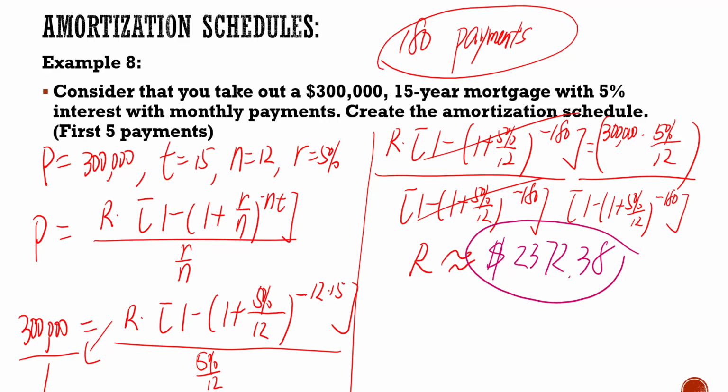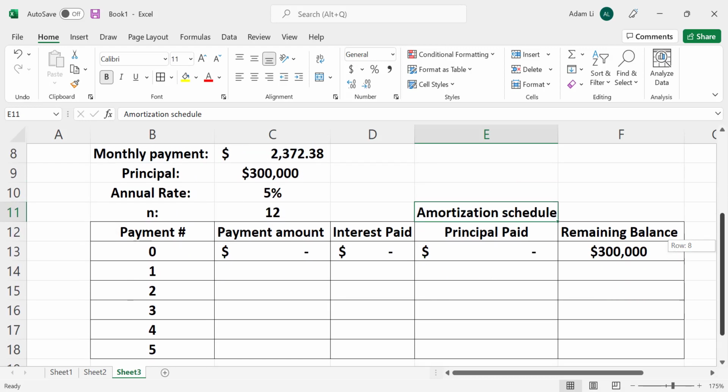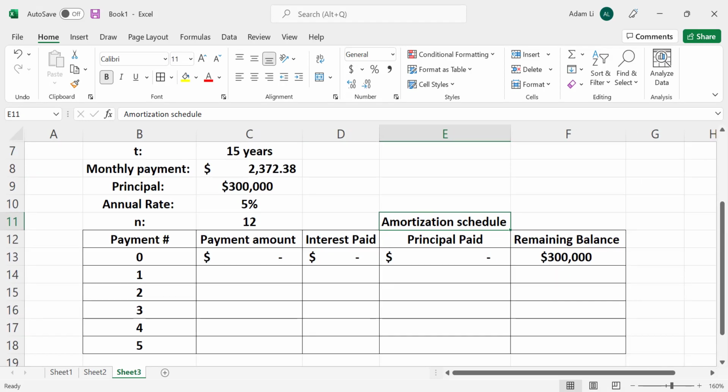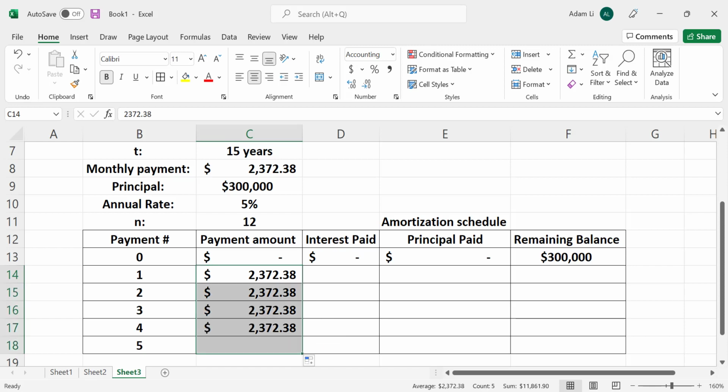Now one more time, we will create an amortization schedule in Excel. For payment number 0, we do not make any payment. Payment number 1 will be $2,372.38, and then the payment amount is the same for 180 payments.